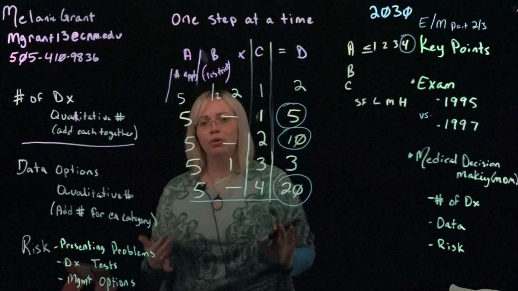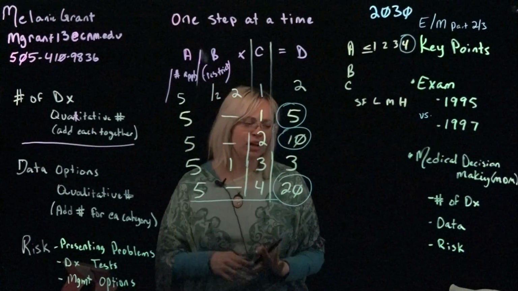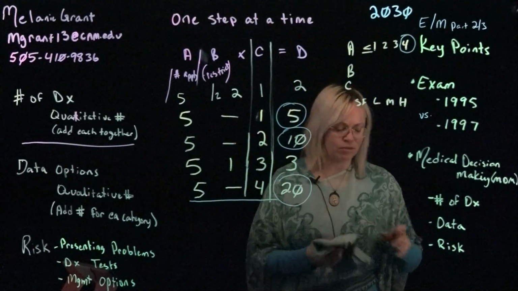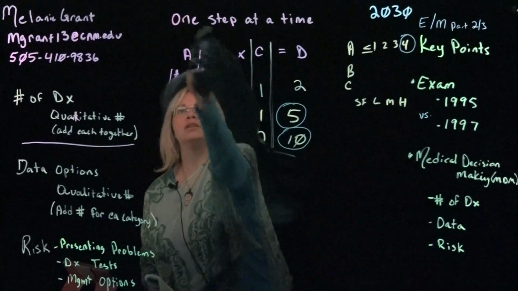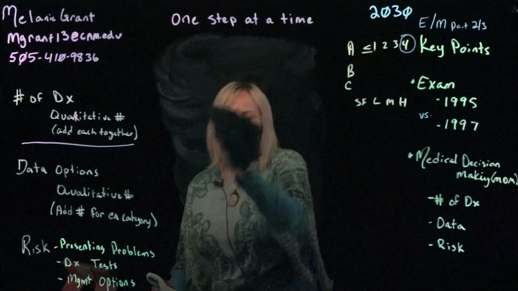You only need to get to 4 or more points before you're at the highest. So if you have a lot of diagnoses, you don't have to go through the steps of determining every single diagnosis and the type of diagnosis it is. It's just one step at a time, and what can you eliminate that's extra work?